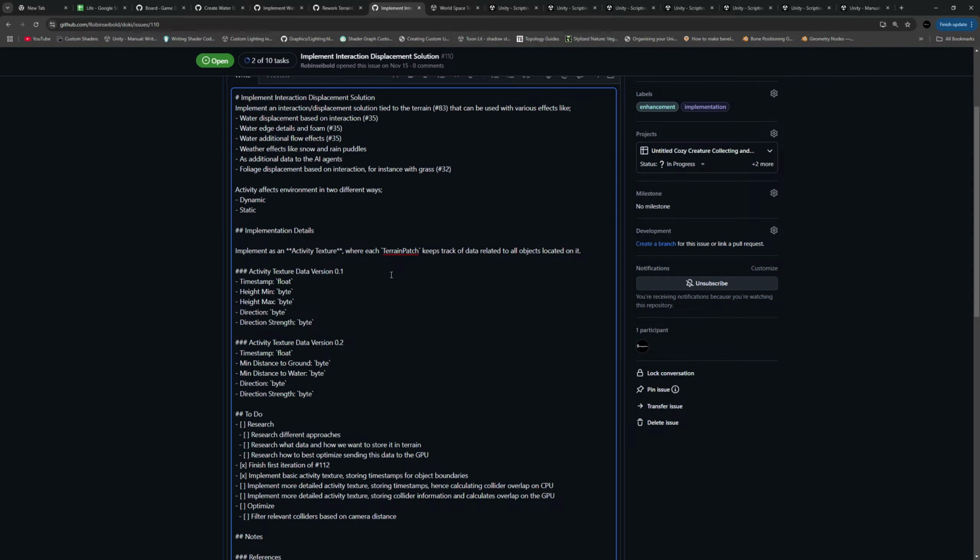We have grass as well, or foliage. We want to bend it when something is running through it, but then we want to bend it back, reset it to how it previously was. But if we take a look at mud or snow, we don't want to revert to something. We want the activity to be static, basically.